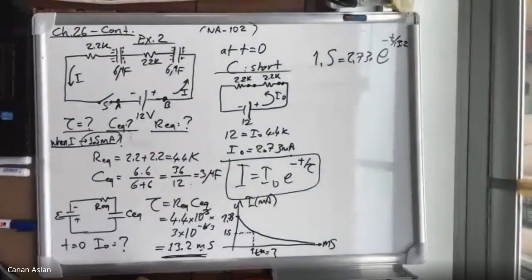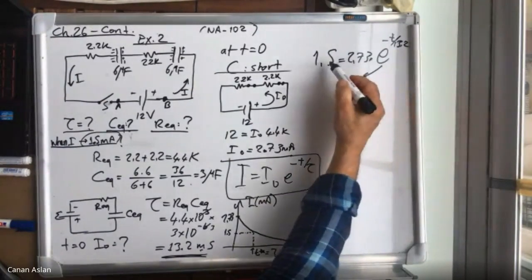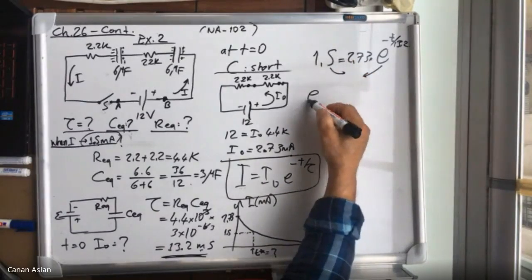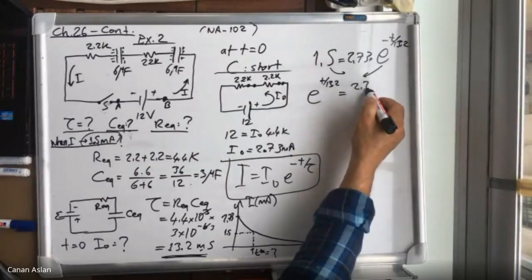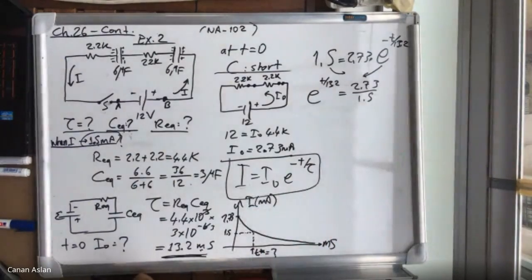To do this, you put the exponential term to the left and the other to the right by dividing, so that e to the t over 13.2 is equal to 2.73 divided by 1.5. Now e to the minus turned out to be e to the plus.